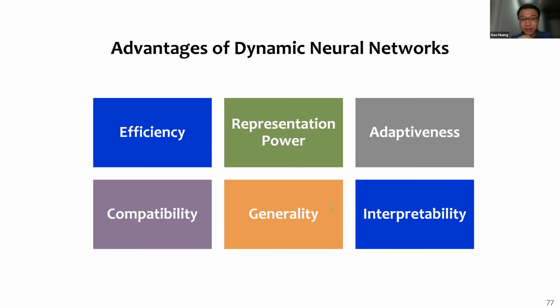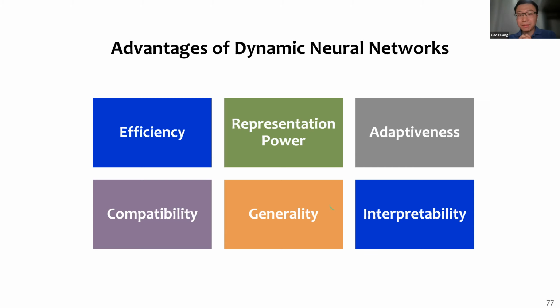And it is also compatible with different tasks, and compatible with many different developments in the field. For example, it can be compatible with different loss function designs, with data augmentation techniques, and also with other techniques to speed up computational efficiency, for example, the pruning technique and the quantization technique, etc. And the dynamic network is quite general.